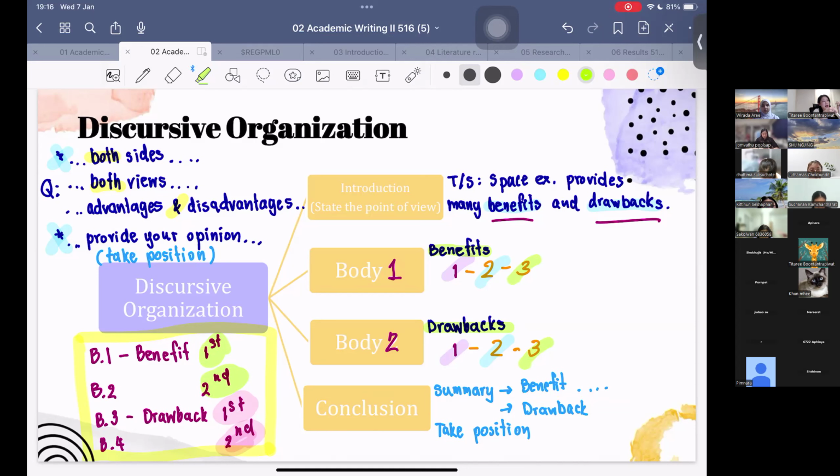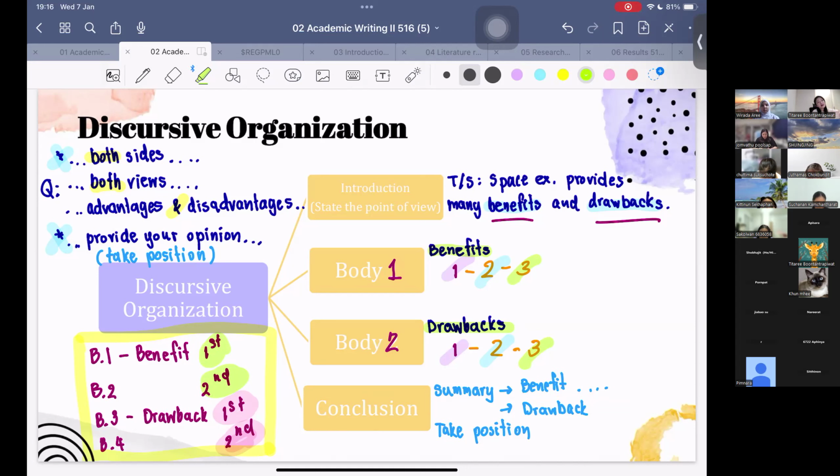So let's say B1 is body paragraph 1. Body paragraph 1 talks about benefit 1. Body paragraph 2, benefit number 2. Body paragraph 3, drawback number 1. Body paragraph 4, drawback number 2. That is possible. Make sure you have an equal amount of benefits and drawbacks. Yes, it's possible.